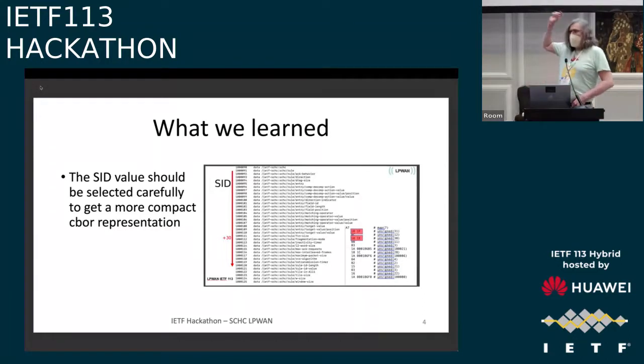In each rule we have the rule ID, and the rule ID comes after the reference value, so in CBOR we need 2 bytes instead of 1 byte. This is not that bad, but we can try to improve the compression by changing the SID order, and we will have to discuss that in the working group.